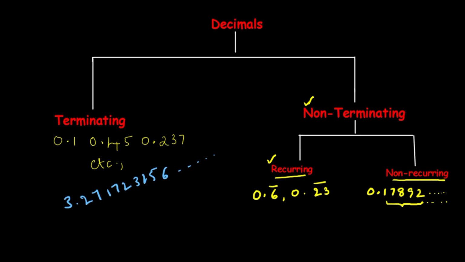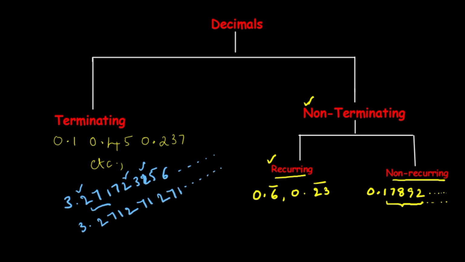You may get a doubt here: sir, 2 is repeated here 1, 2, 3 times, so why is it a non-recurring decimal? My dears, non-recurring means non-repeating decimal. That means this 2 is there, but it is not repeating in a particular order. You can observe one more example. For example, I have 3.2 271, 271, 271, and so on.